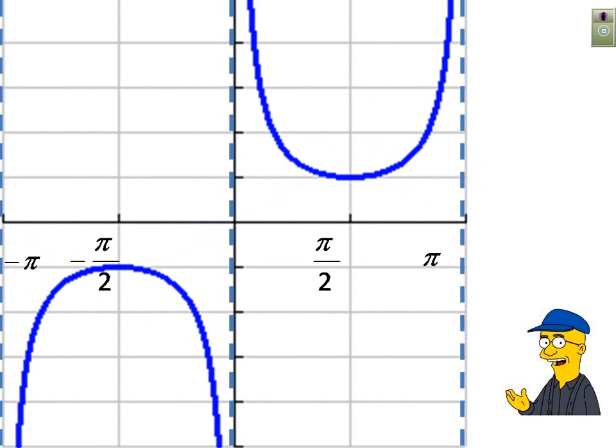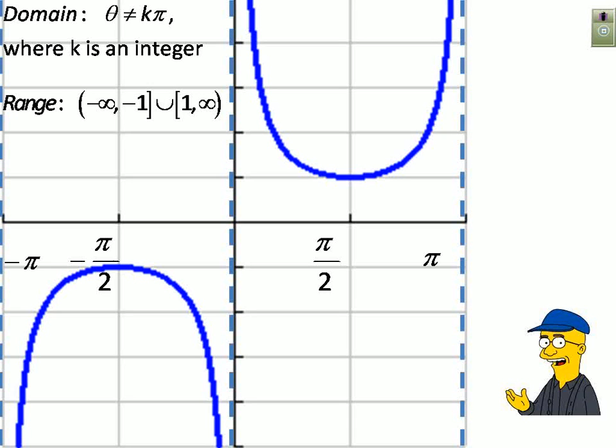Now some things we want to take note of. The domain, of course, is that theta cannot be any integer multiple of pi. So 0, pi, 2 pi, -pi, -2 pi. Any integer multiple of pi is outside the domain of cosecant.